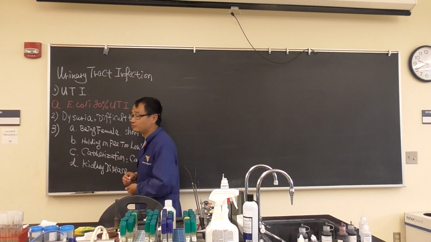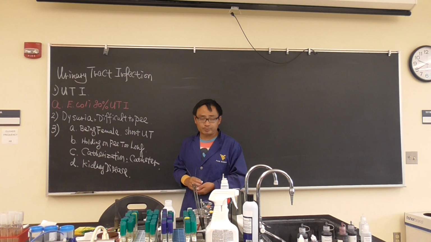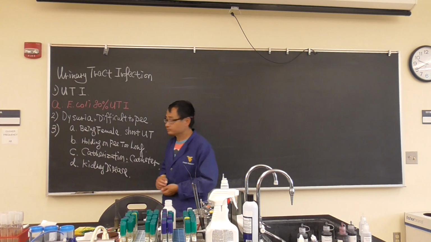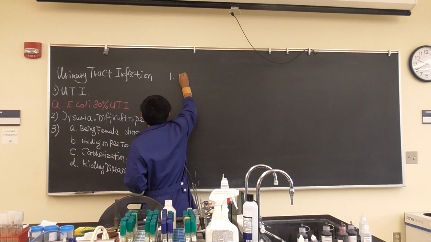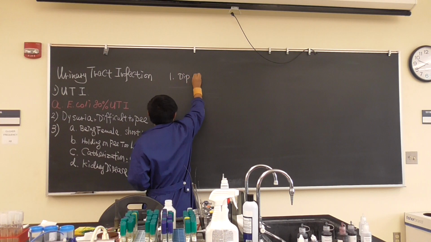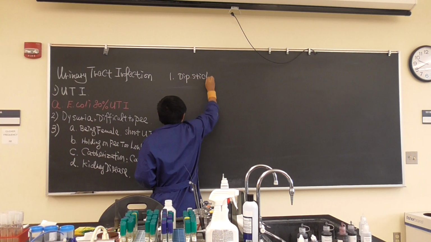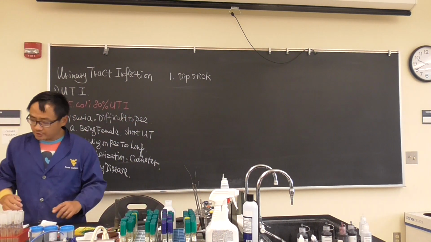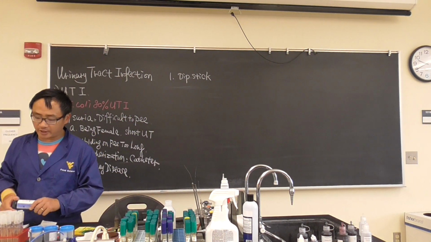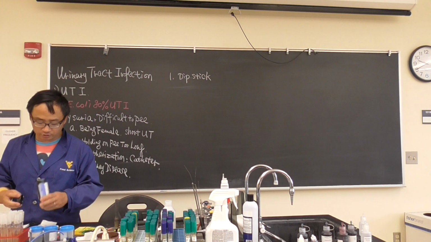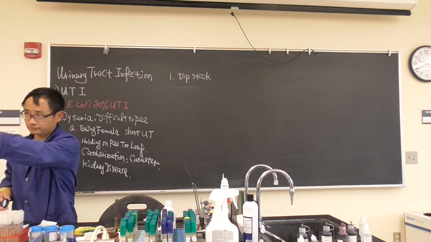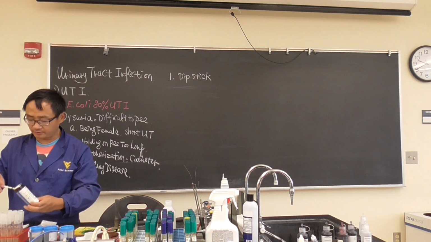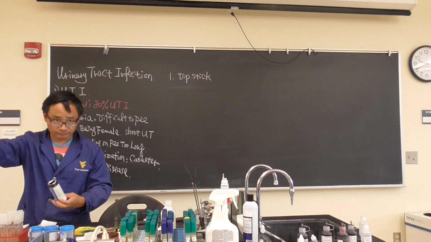Okay, now how are we going to test whether a person has UTI? We have several steps we will do. The first step is the dipstick. So what is a dipstick? You will get some dipsticks from a professional medical store, in a bottle like this, and inside you will see some strips like this.